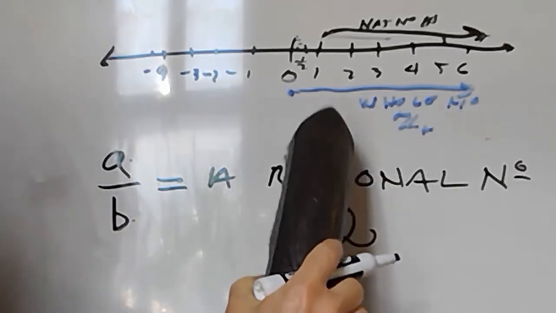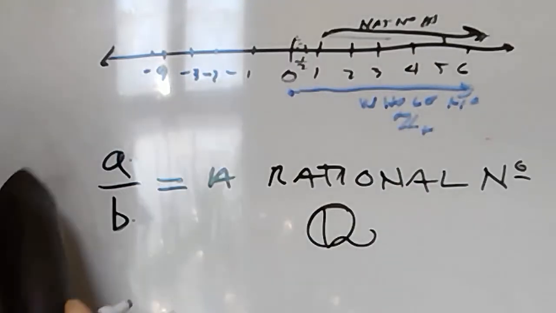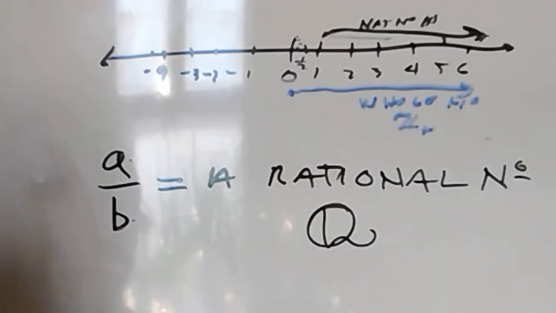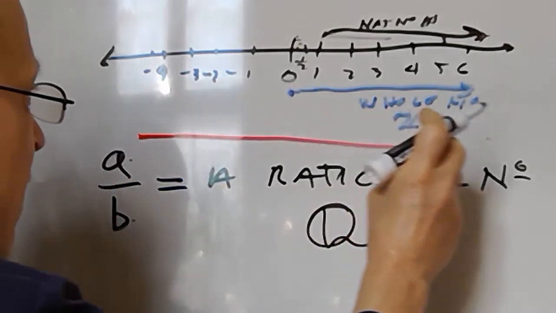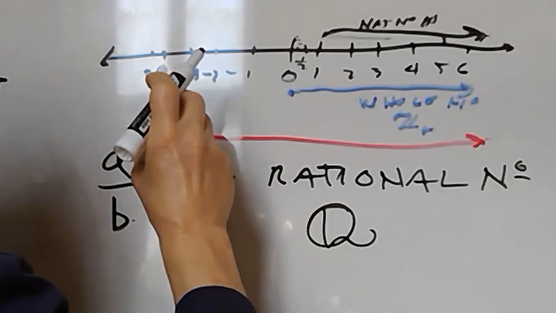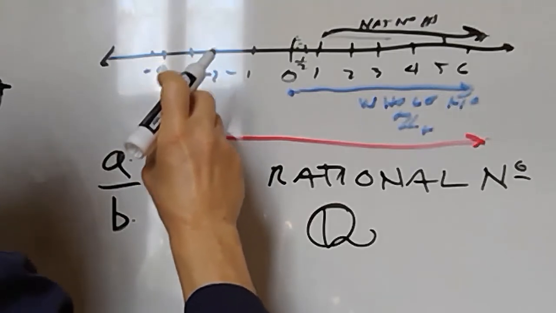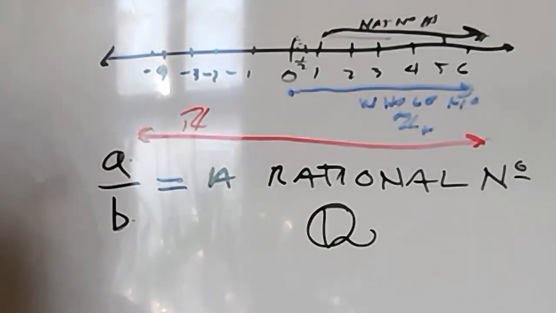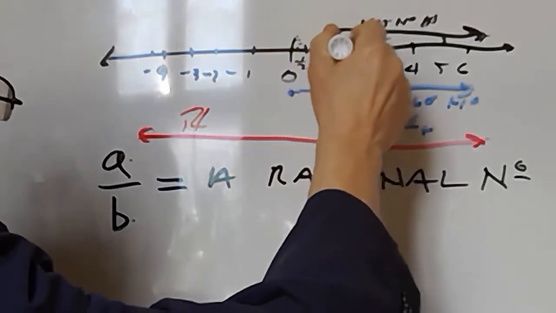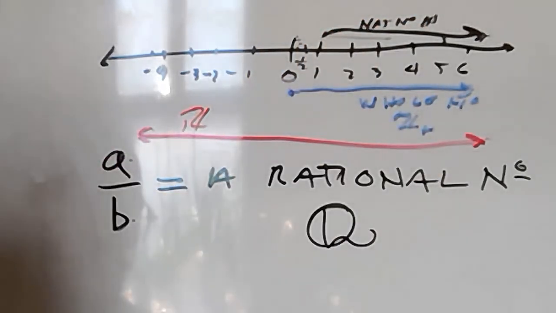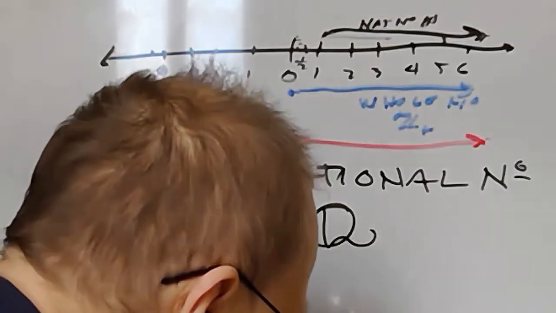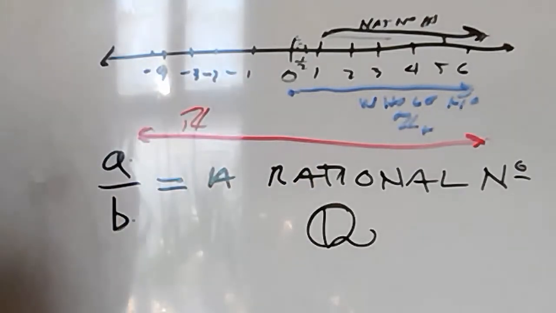So we completed our natural numbers, our whole numbers, our integers, and our rational numbers, which is all the fractions in between. But we're still not finished. So there's another kind of number that is also part of this, which is called the irrational numbers.